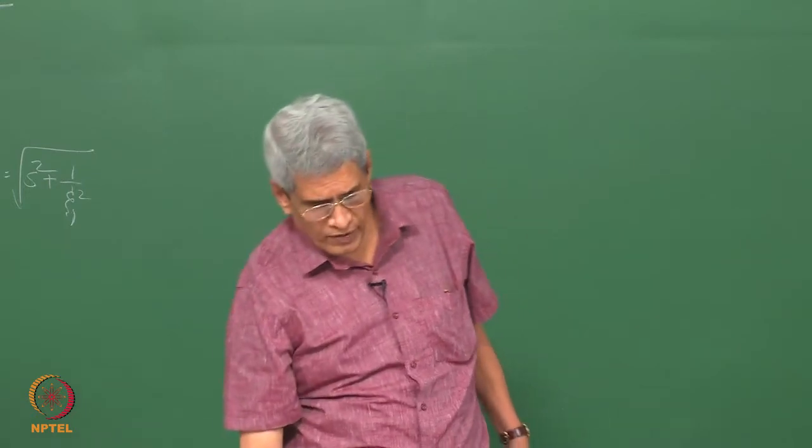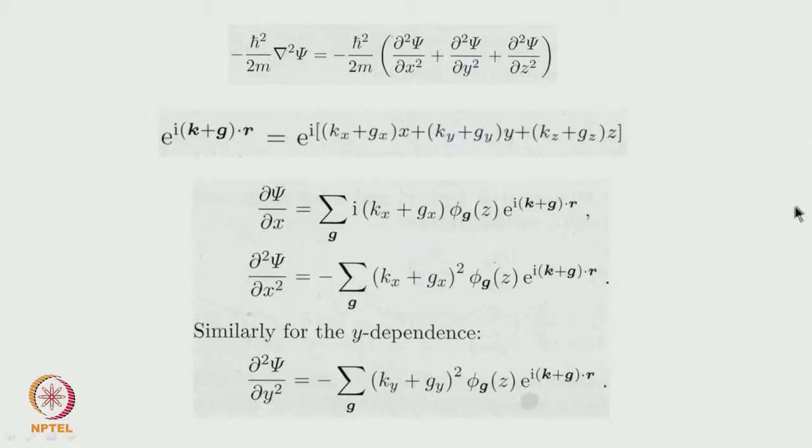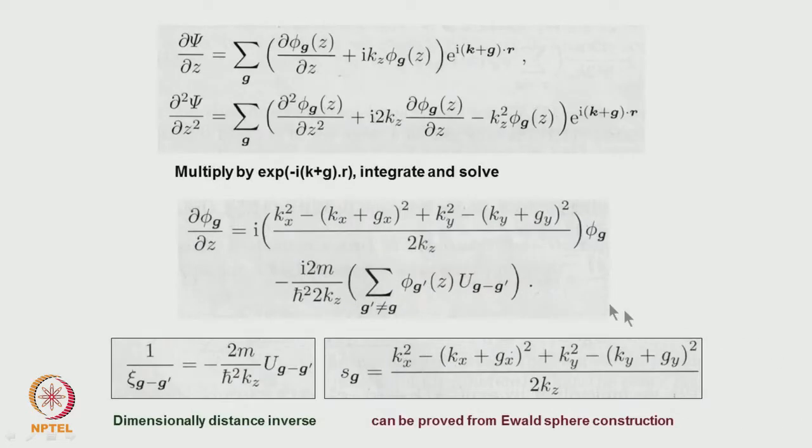Because of that, gz will turn out to be a 0 term, only gx and gy remain. Then this is just mathematics, you just substitute this and simplify the algebra. That is essentially what is being done.